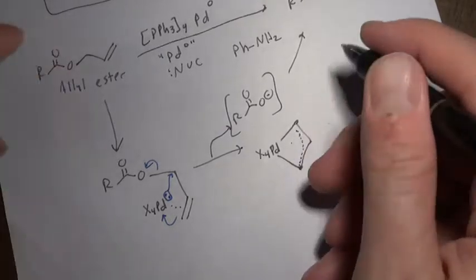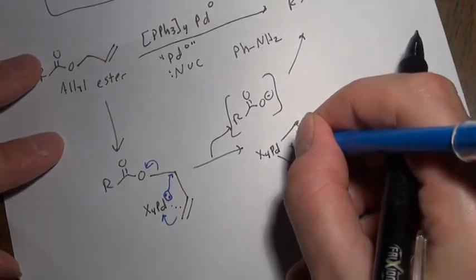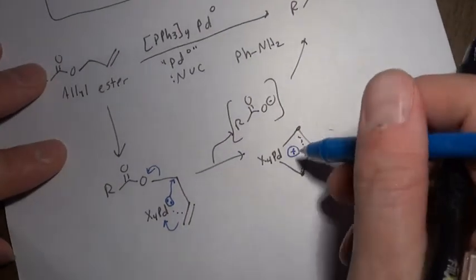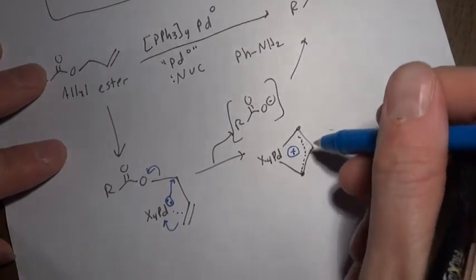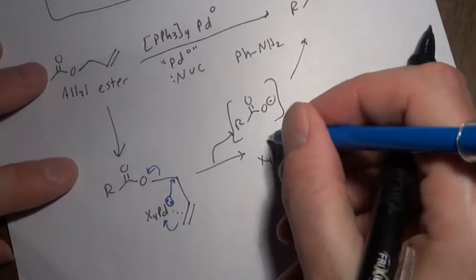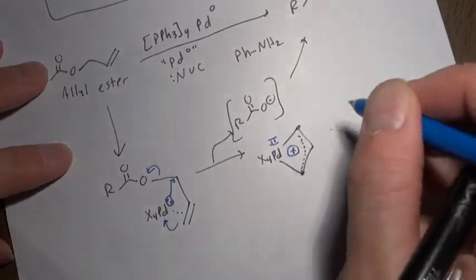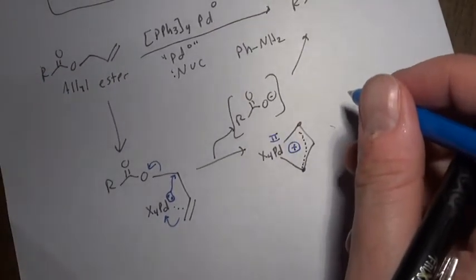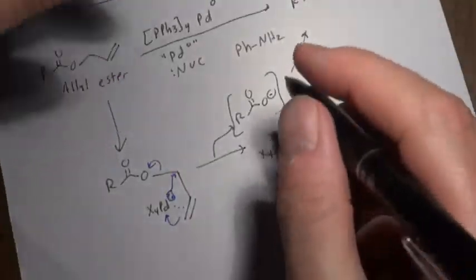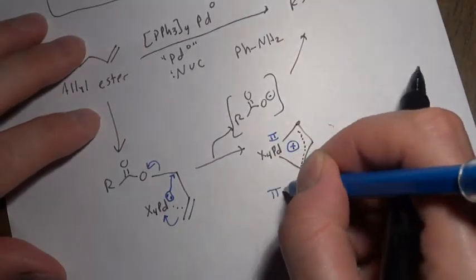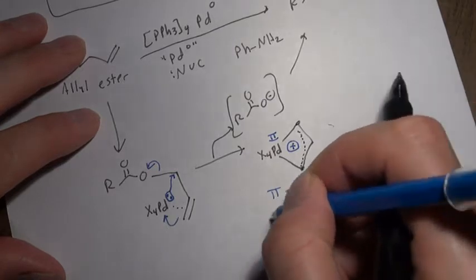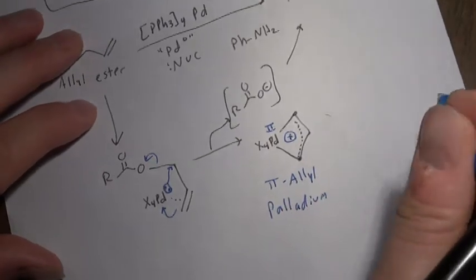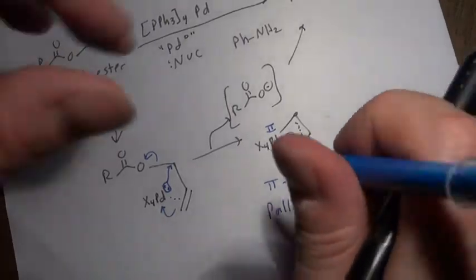So there's a positive charge right there in the middle. Palladium is talking to both carbons. There's a distributed positive charge, and there's a palladium 2. So it's changed its oxidation state. Now it's palladium 2, and this thing is called a pi allyl palladium species. That's the name of this weird intermediate.